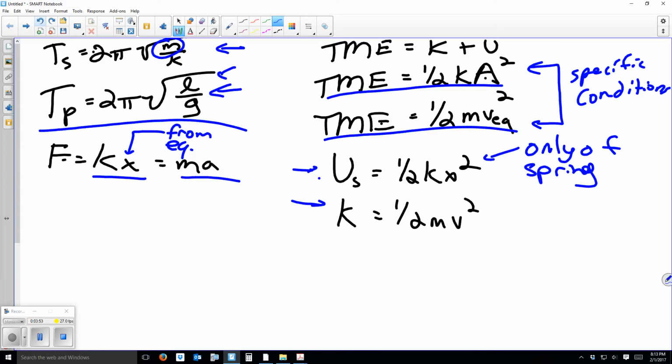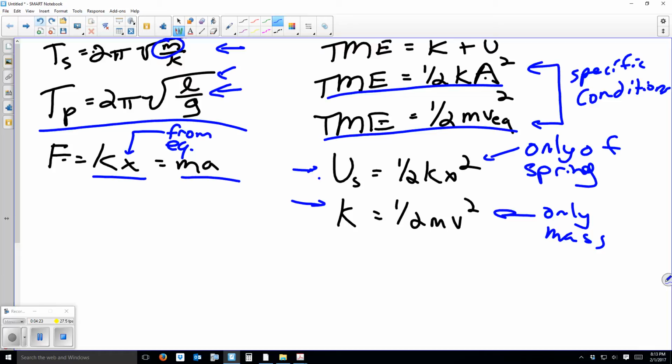And this kinetic energy is only the mass. We really don't take into account the mass of the spring when we get our kinetic energy, the fact that it's moving. So if you change the mass, it will change the kinetic energy maybe, but it won't change your potential energy. Something to think about there. And be able to solve for total mechanical energy. If I give you numbers, you know how to do that.